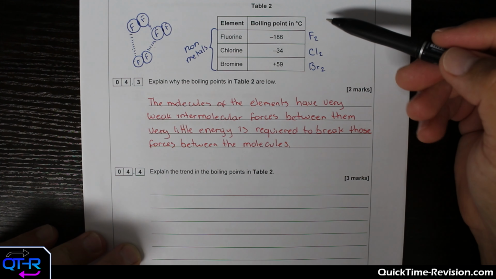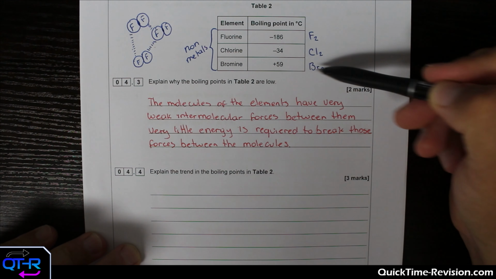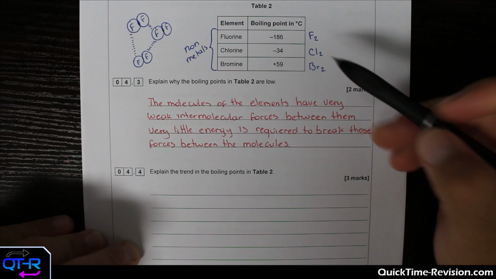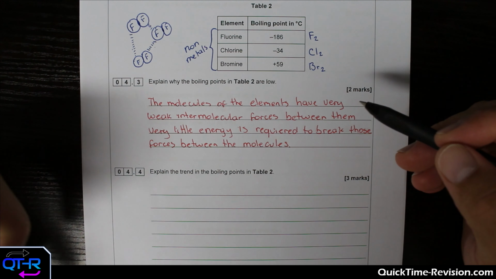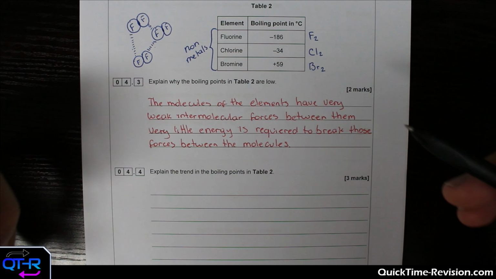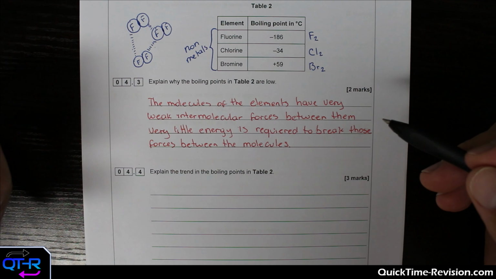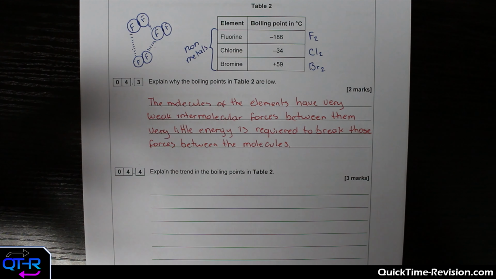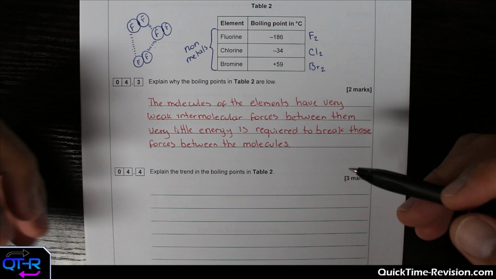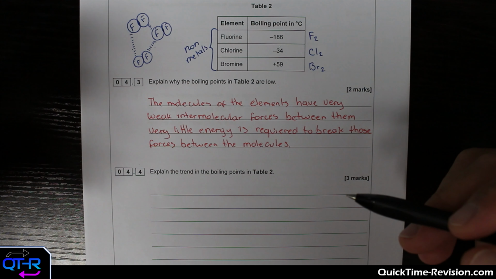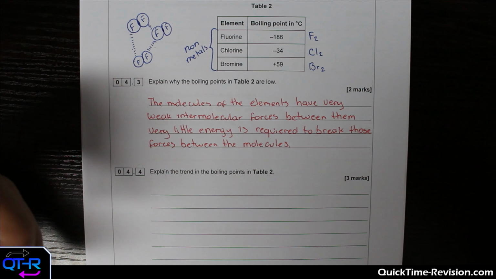Now, what this is telling me is that as you go down the group, the number of shells increase. Therefore, the atoms are getting bigger. Now, when it comes to intermolecular forces, the bigger the molecules, the stronger those intermolecular forces are going to be. Now, they're not going to be as strong as ionic bonding or covalent bonding, but certainly intermolecular forces from a small molecule are going to be weaker than the intermolecular forces from a bigger molecule, okay?